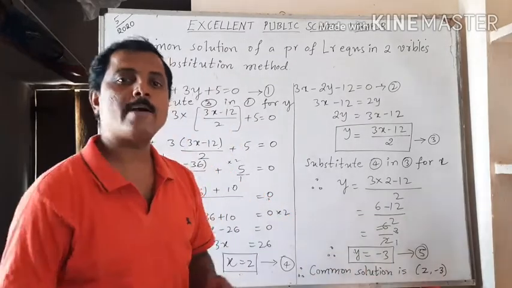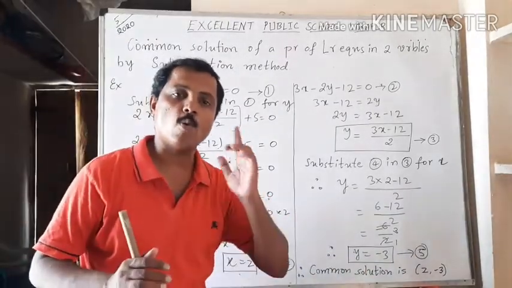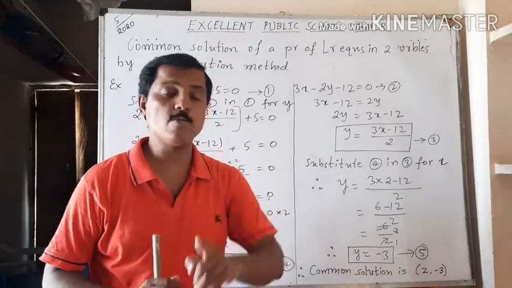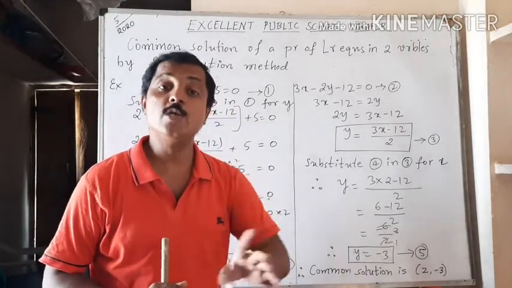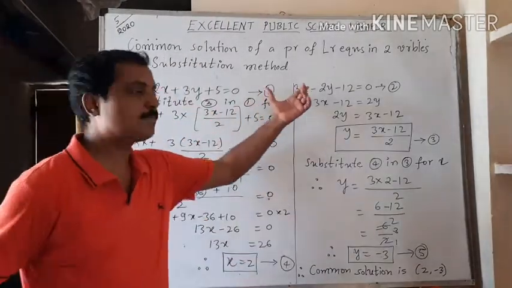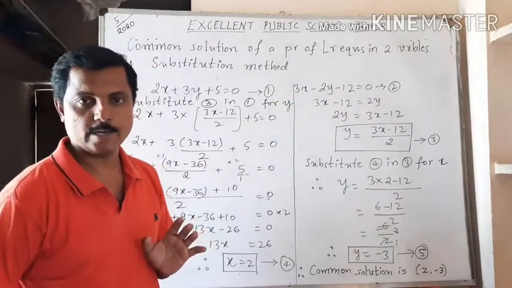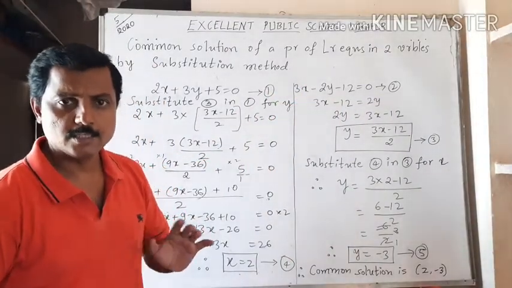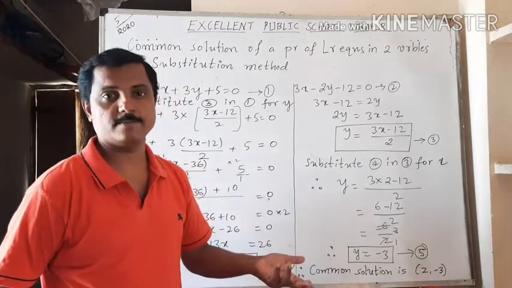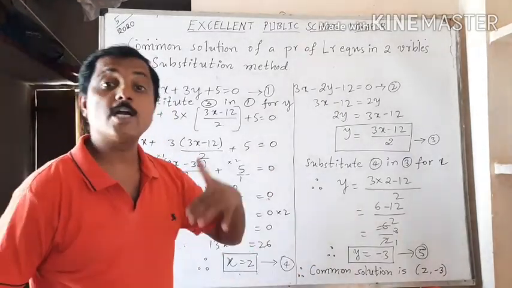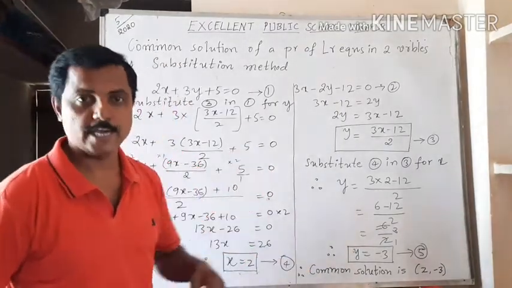Thus (2, minus 3) forms one solution and the only one solution, which is called a unique solution for this pair of linear equations in two variables. This is a unique common solution for both these equations.